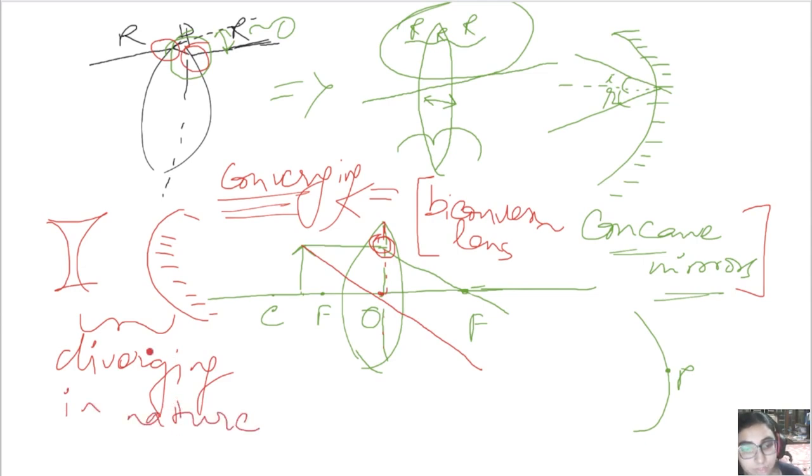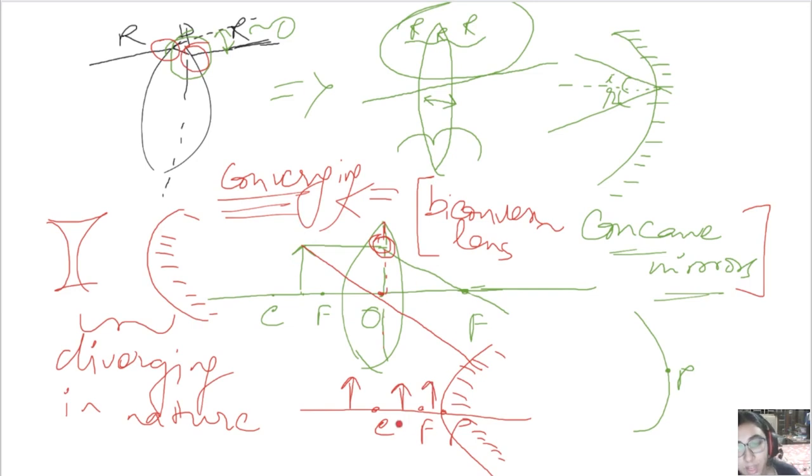When we talked about image formation by convex lenses, again we realize that no matter where you put the object, if this is the center of curvature, this is the focus, and this is the pole, even if you put it here or here or here, the image will always be formed between the focus and the pole.